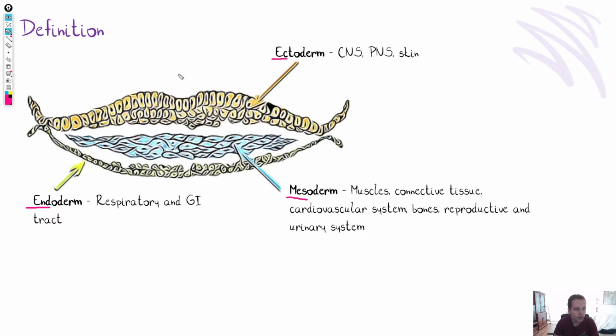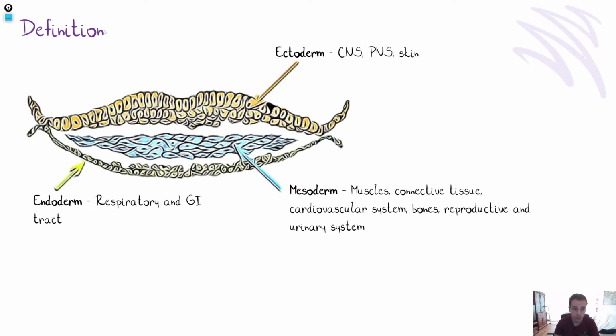And each layer gives rise to different somatic tissues. Ectoderm gives rise to the central and peripheral nervous system and skin with skin appendages. Mesoderm gives rise to muscles, connective tissue, cardiovascular system, bones, reproductive and urinary system. And endoderm gives rise to respiratory and GI tract.